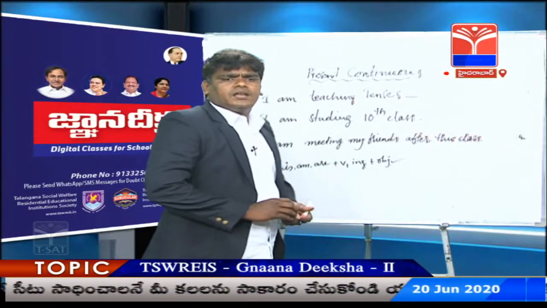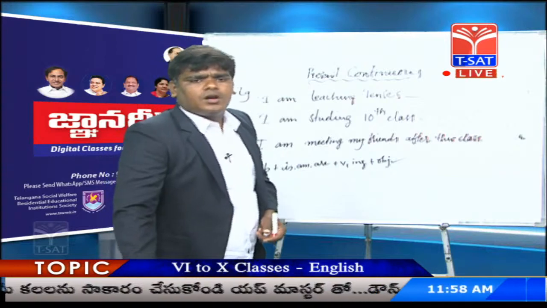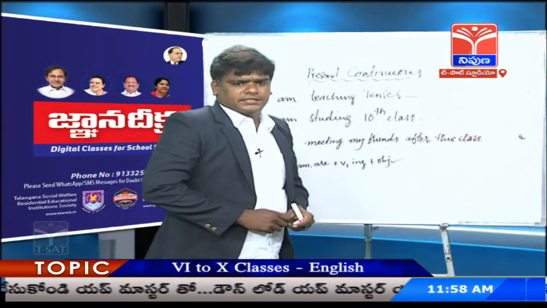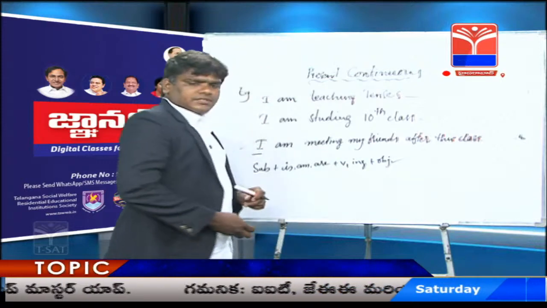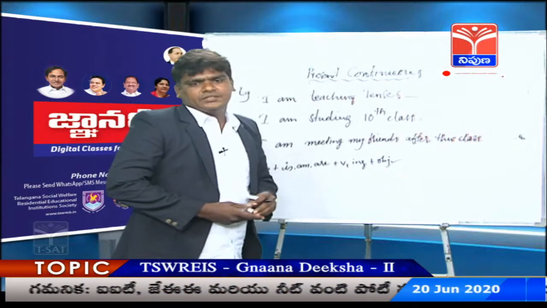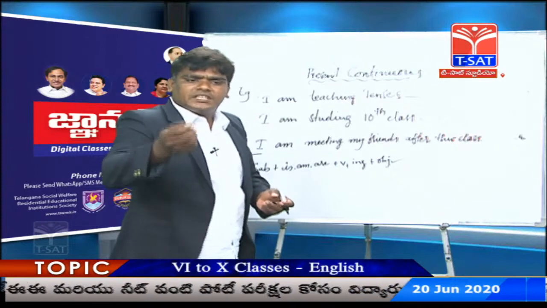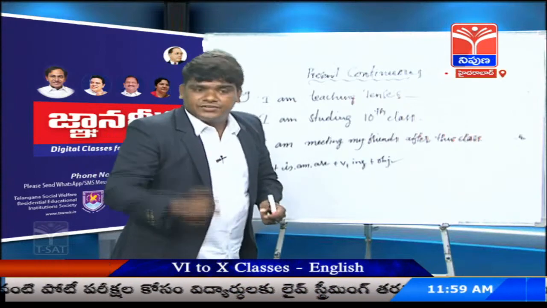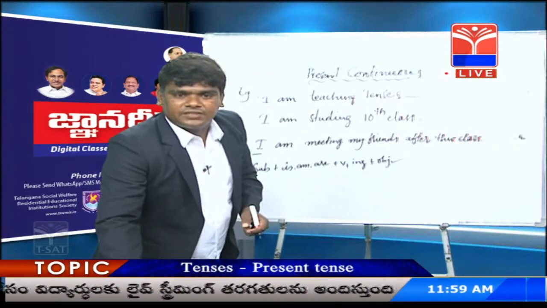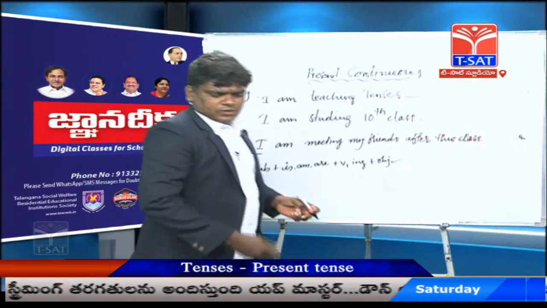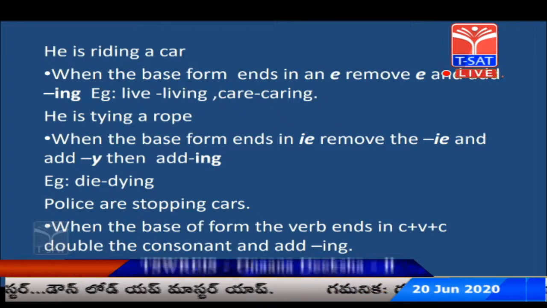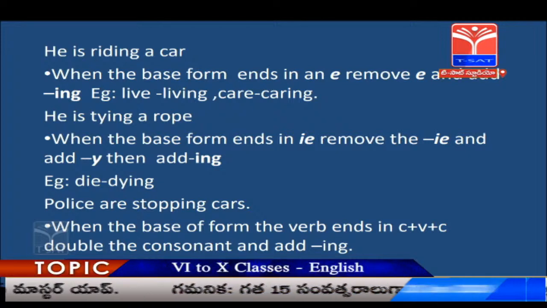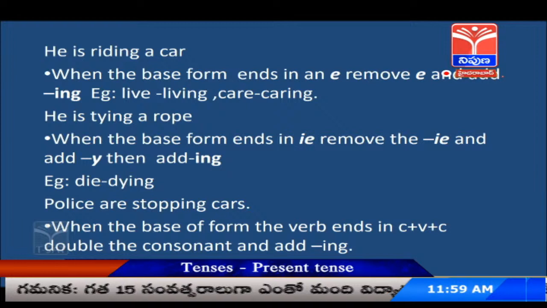Then see, when you are writing, when you are making use of this present progressive tense, for example, adding ing forms, there is a difficulty. Let's see what the difficulty is.